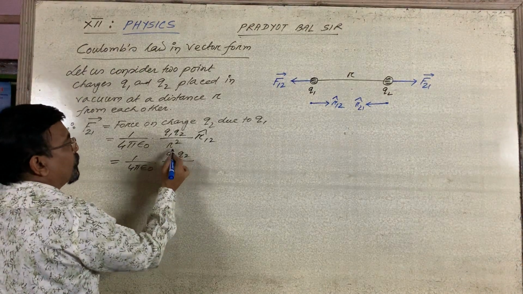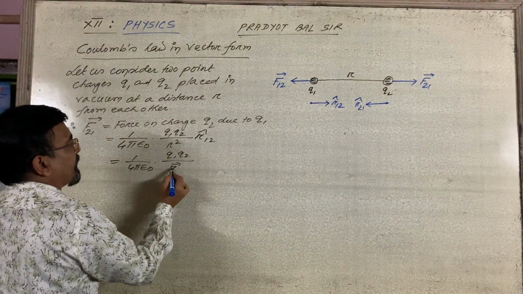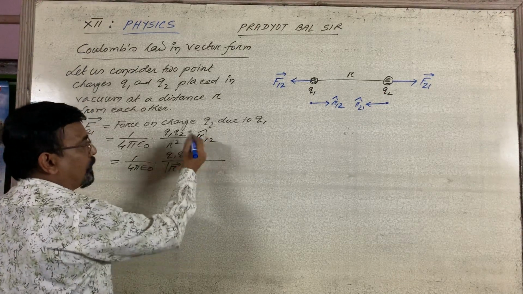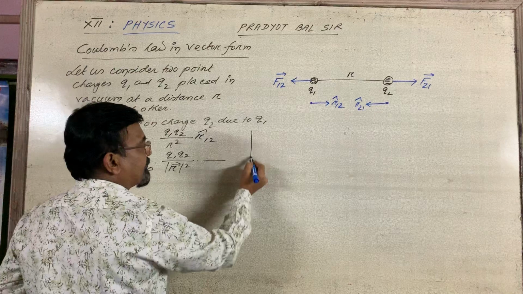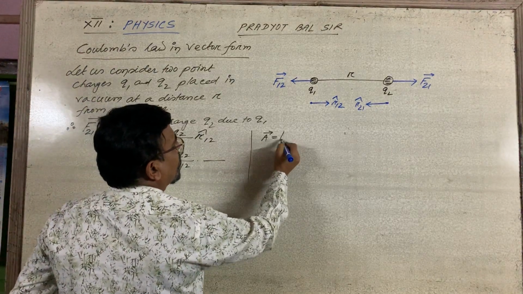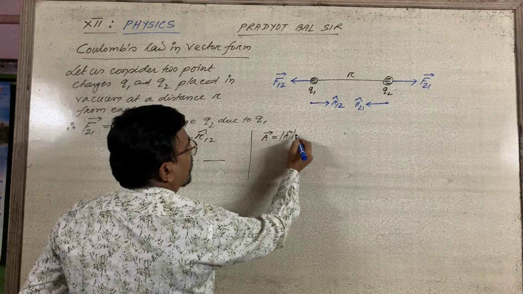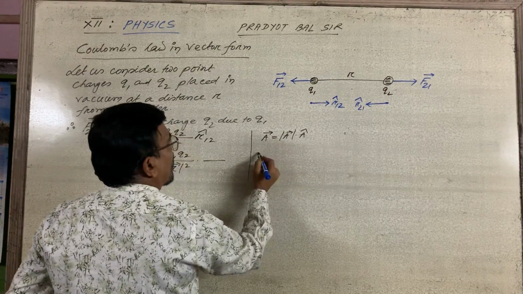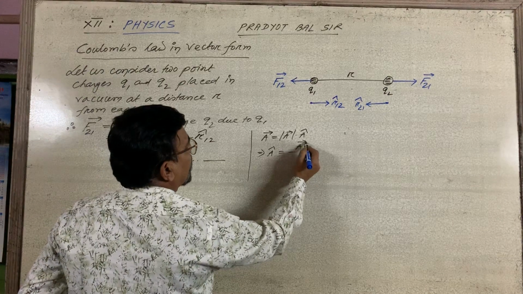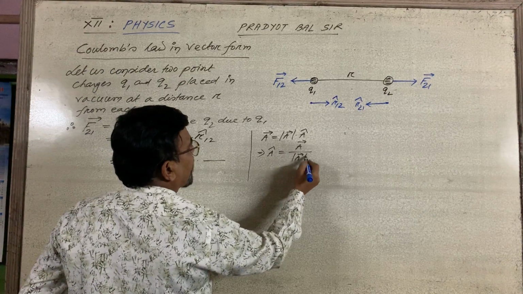Q1 Q2. This can be written as modulus r vector whole square, and this can be written as, now let me clear this. In first year we got modulus a vector is equal to modulus a vector dot a cap. So ultimately a cap will be a vector by modulus a vector.